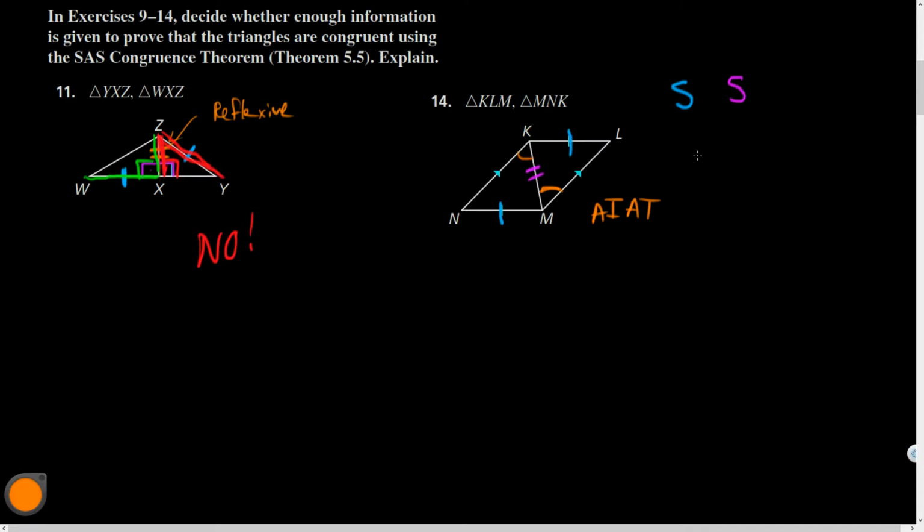So now the question is, I've just got an angle. Is this the included angle between the sides? Look at side, side. The included angle would have been here. So this is a non-included angle, which would have been like this. And that is non-existent.